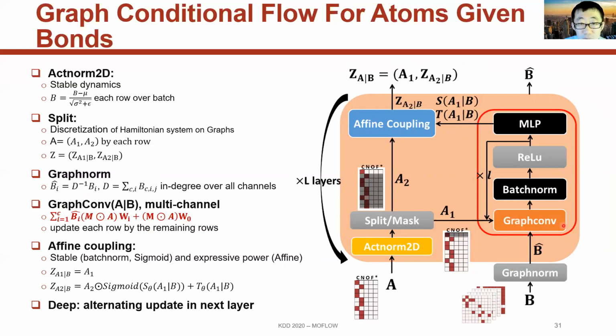Here we use multi-channel graph convolution, batch norm, ReLU layers, and a multi-layer perceptron to summarize their information. We also use affine coupling structures to make it an invertible transformation. Also, we use sigmoid here. We can build a deep invertible neural network by alternating the update in the next layer.